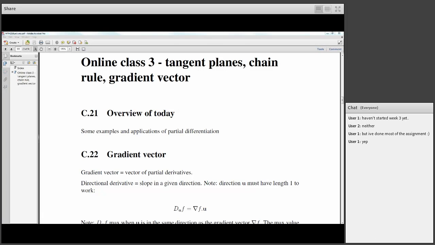The first thing to emphasise, as someone's mentioned, is that the first assignment is due next week. The first two questions are on curves and surfaces, and the last one is about applications of derivatives, so tangent planes, the chain rule, and the gradient vector, which I want to touch on today.